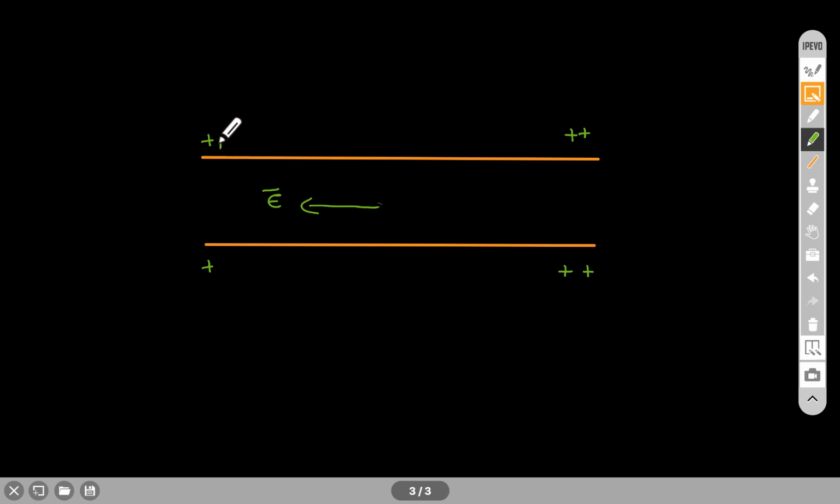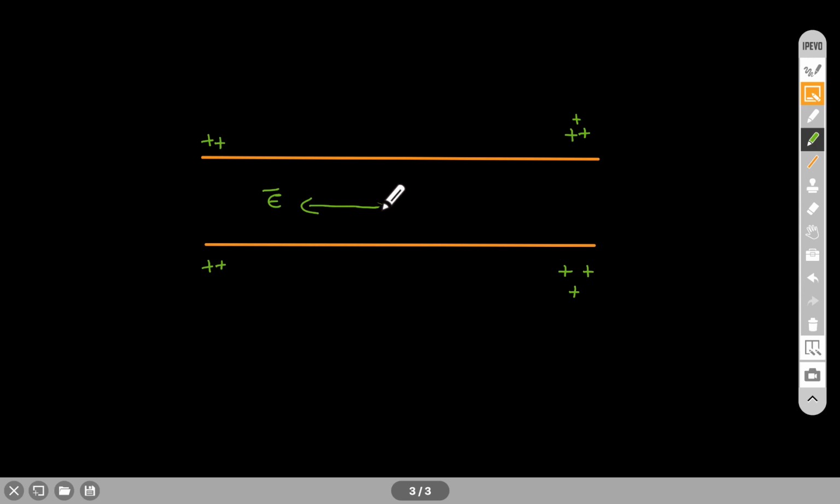And if you have 2 here and 2 there and 3 here and 3 there, you can continue to have your electric field to the left, which leads me to the same conclusion. It's the gradient of the surface charge density that allows you to have an electric field inside the conductor.